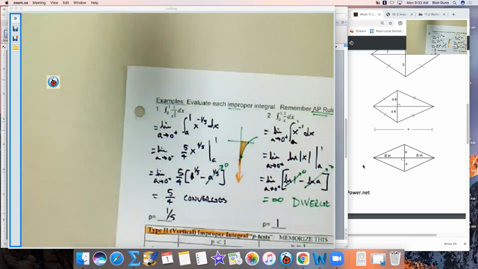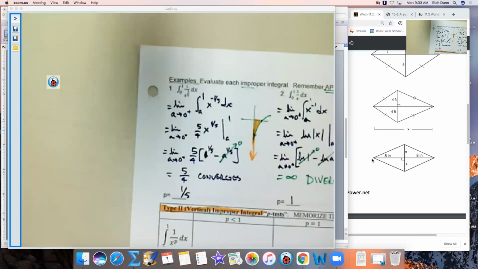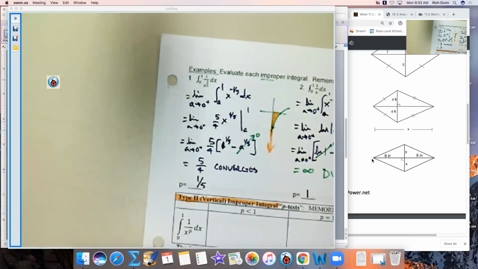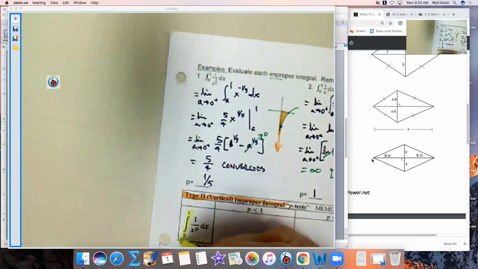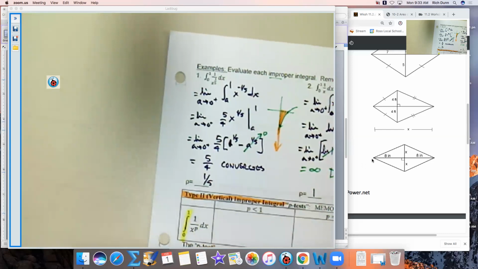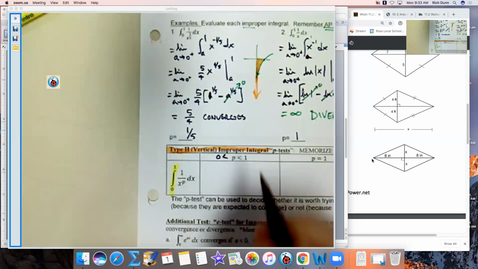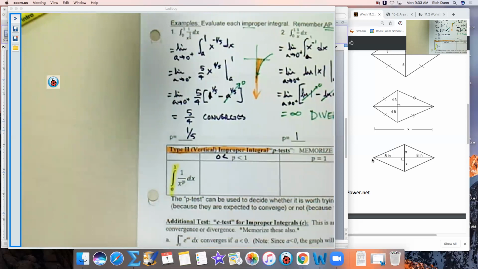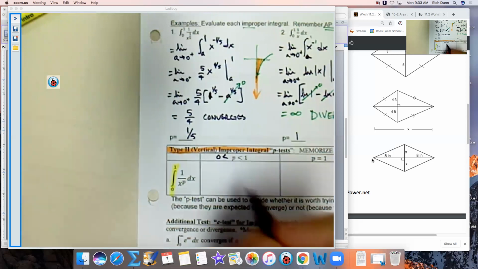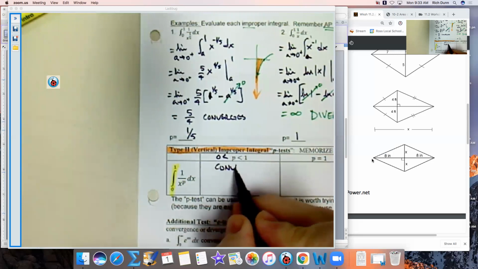Make sure you see the difference between the previous ones. This is from 0 to 1, not 1 to infinity. When we go from 0 to 1 and P is between 0 and 1, then this one will always converge.